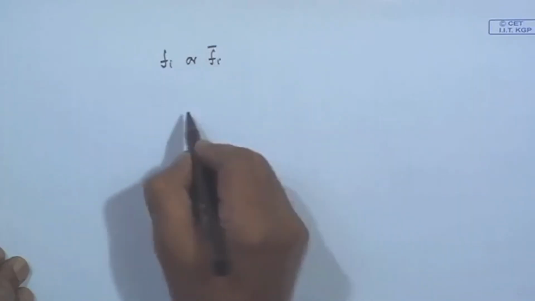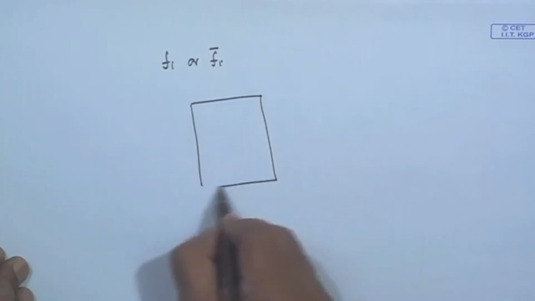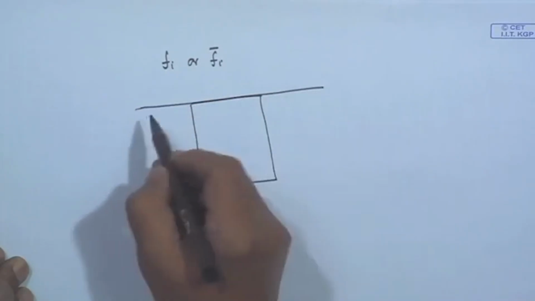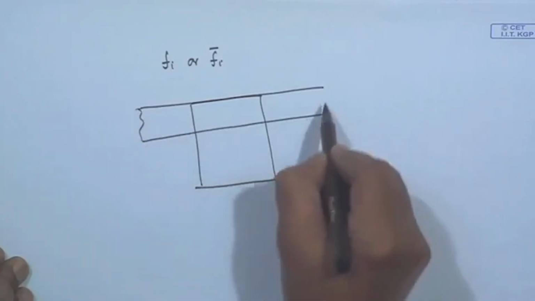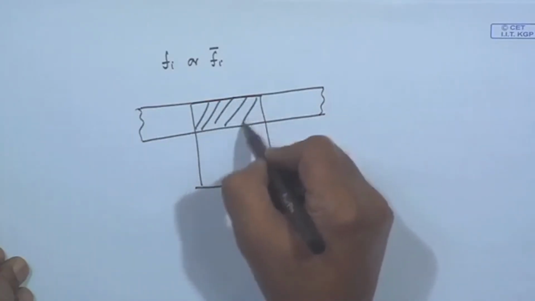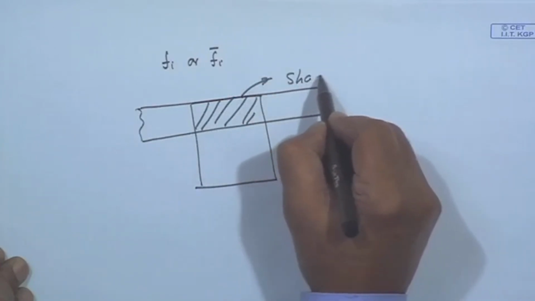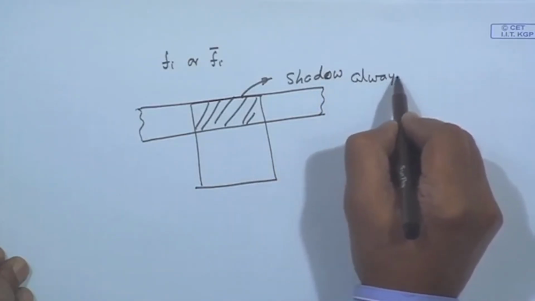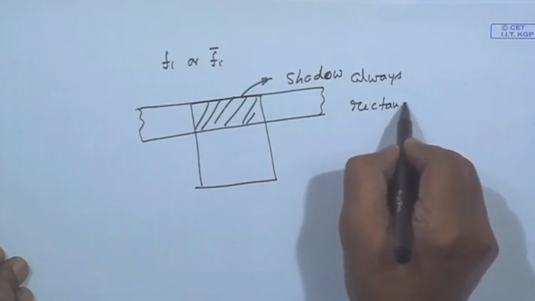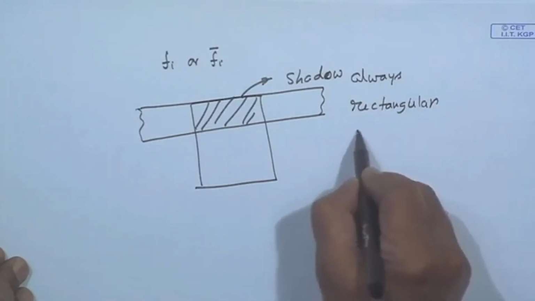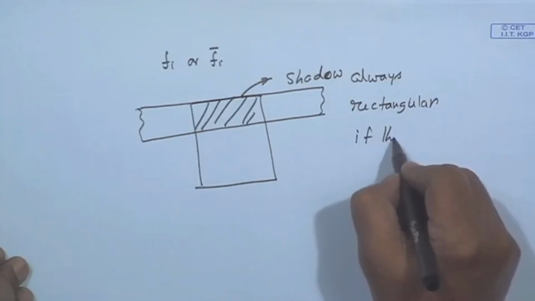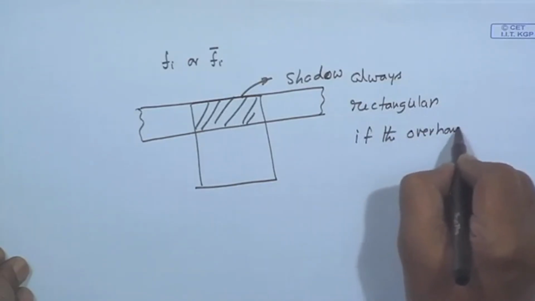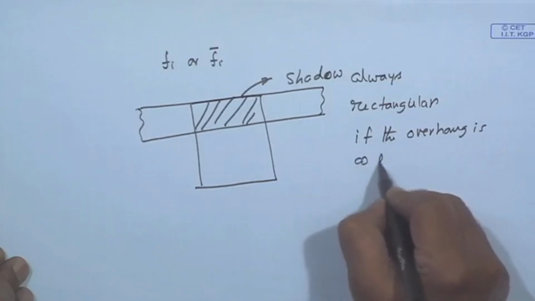So, we could find a simpler method of calculating F_i or F_i bar if you have an infinitely long overhang, which will always cast a rectangular shadow, if the overhang is infinitely long.